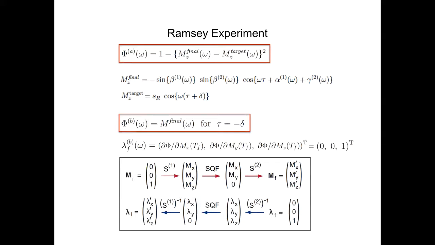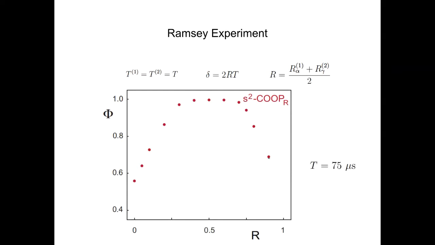And if you have the evolution of your Bloch vector and of your density operator forward in time, and the evolution of the co-state vector backwards in time, actually taking into account these filter elements, then basically you can very efficiently calculate the gradient of the whole pulse sequence. So that's very similar to a standard NMR experiment.